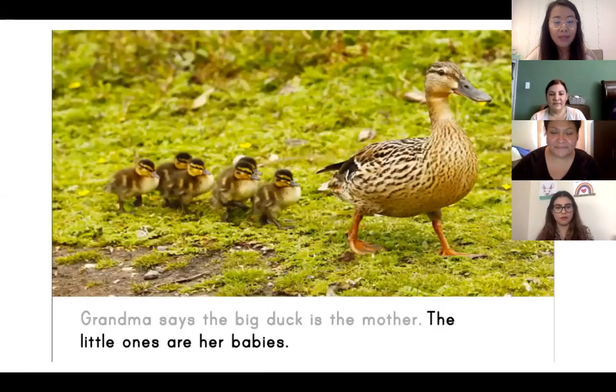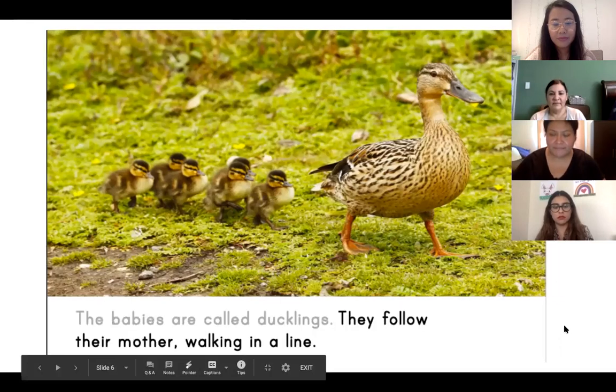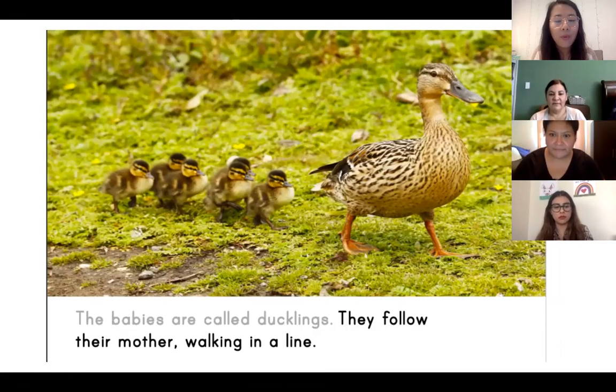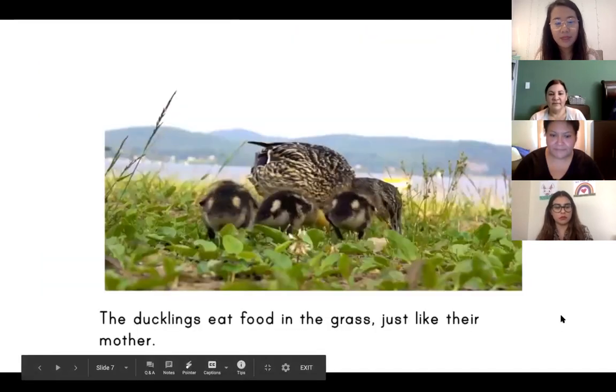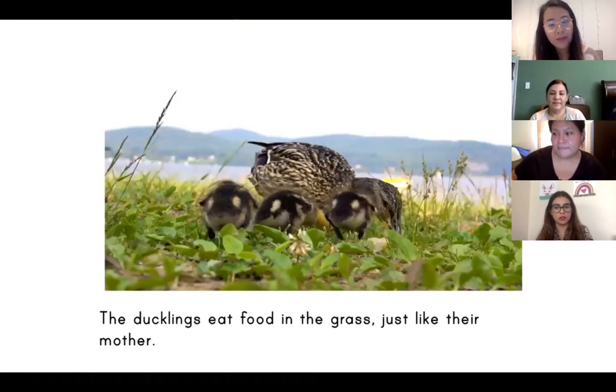Grandma says the big duck is the mother. The little ones are her babies. The babies are called ducklings. They follow their mother, walking in a line. The ducklings eat food in the grass, just like their mother.